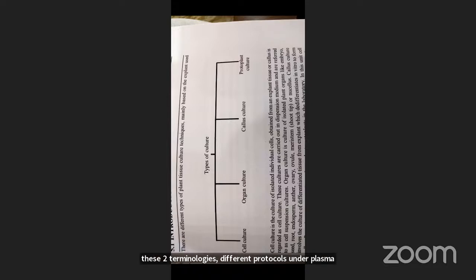So first, cell culture. Cell culture is the culture of isolated individual cells. It means a group of cells or a single cell which is extracted from the selected plant.